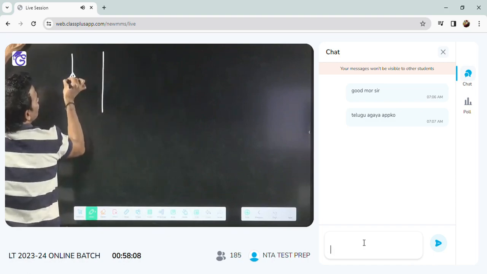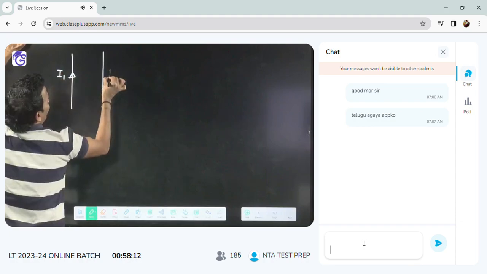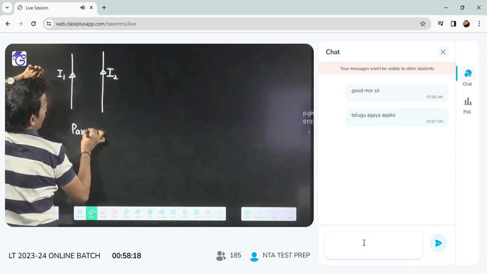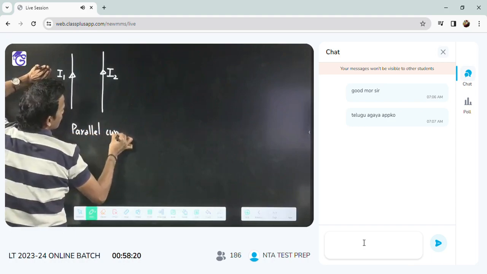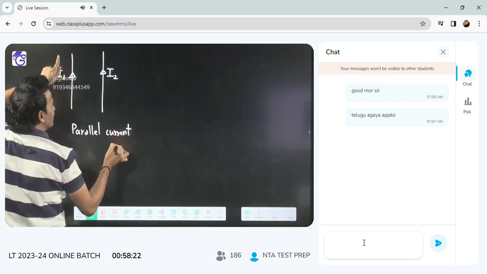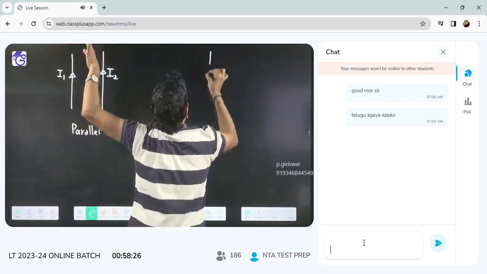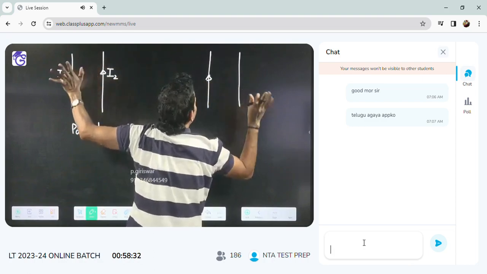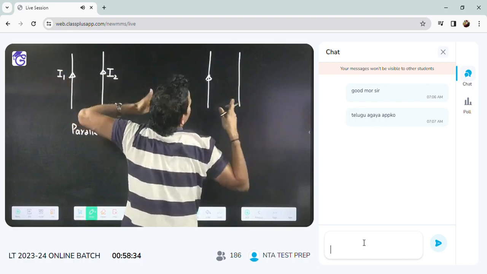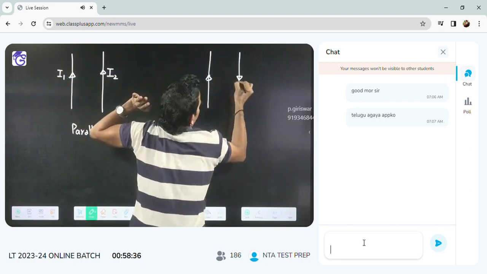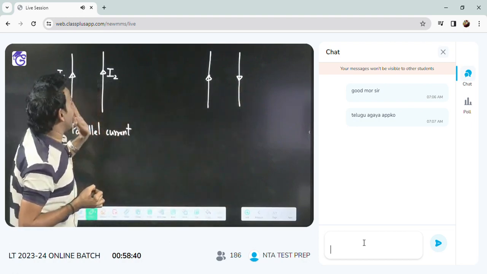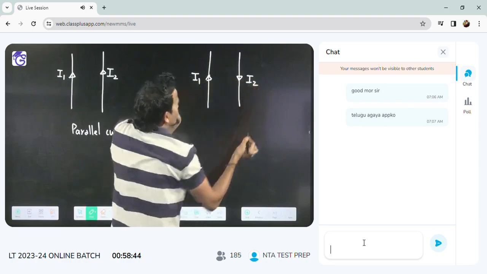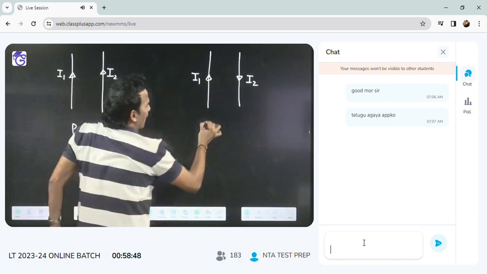Either both wires will have current in the same direction, I1 and I2, which we call parallel currents, or they will have current in opposite directions. The wires are parallel in both cases, but the current is not mandatory to be parallel. When we have current in the same direction, we call it parallel current, and when we have current in the opposite direction, we call it anti-parallel current.